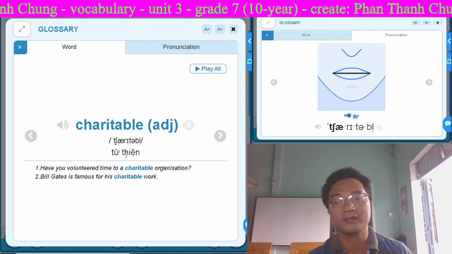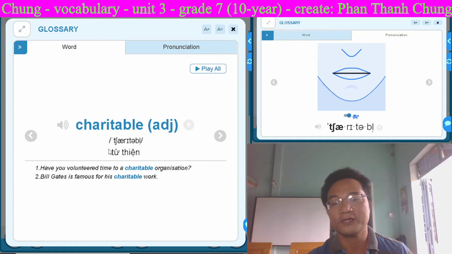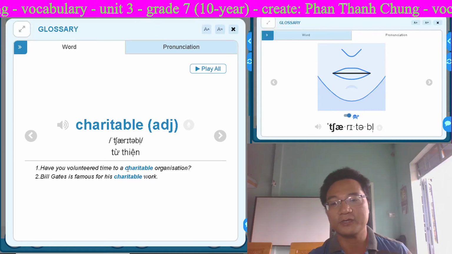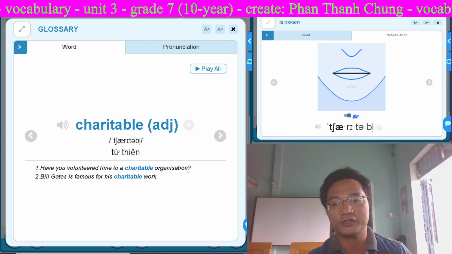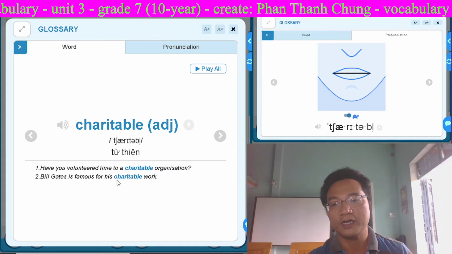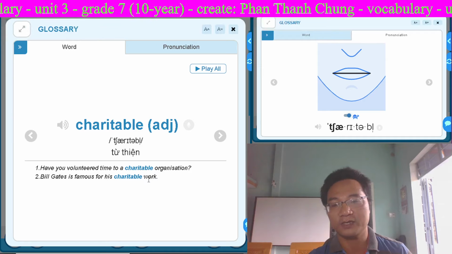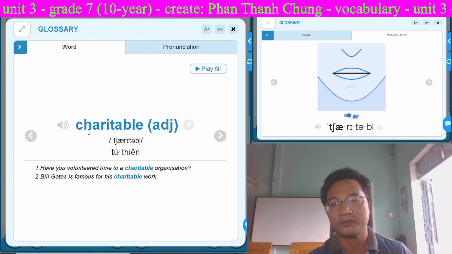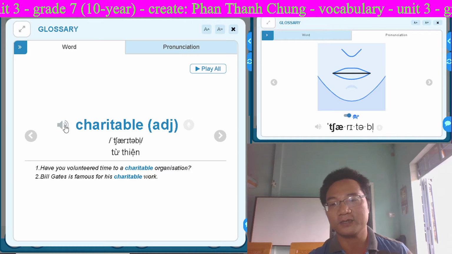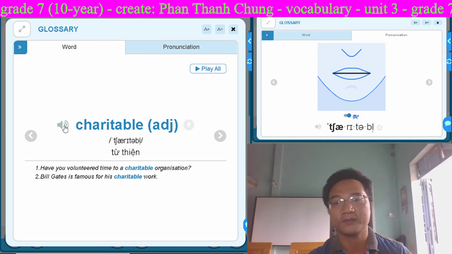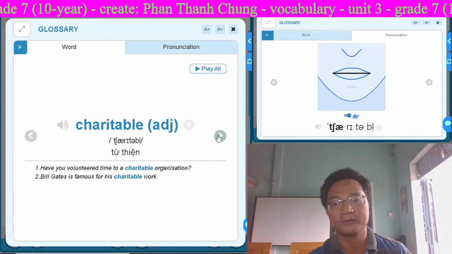The meanings từ thiện. For example, have you volunteered time to a charitable organization? Or Bill Gates is famous for his charitable work. Charitable từ thiện. Okay, go on.